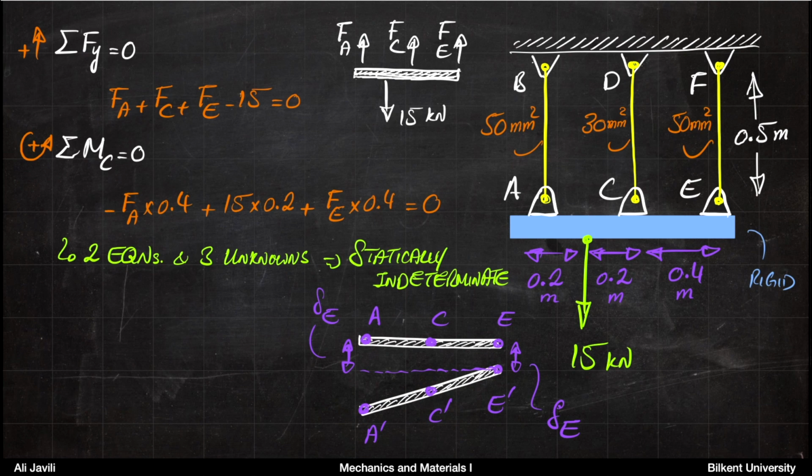So this property gives us some idea about the relative deformations of the points A, C, and E. We don't know what is delta A, we don't know what is delta C, we don't know what is delta E. But what we know is that they deform such that the member remains rigid.